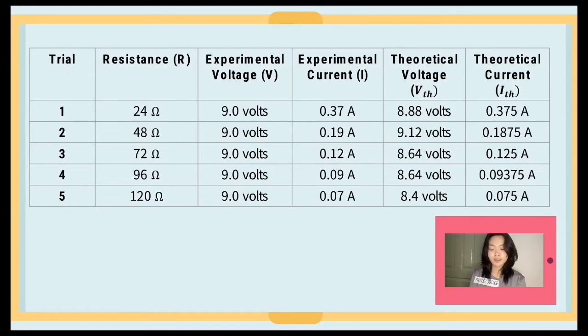Fifth trial, resistance is 120 ohm, experimental voltage is 9.0 volts, experimental current is 0.07 ampere, theoretical voltage is 8.0 volts, and the theoretical current is 0.075 ampere.